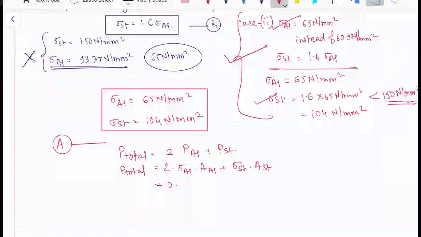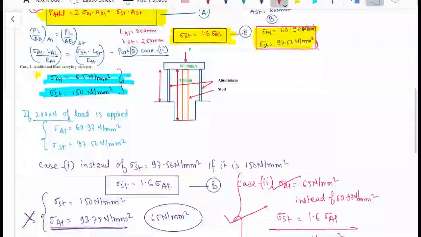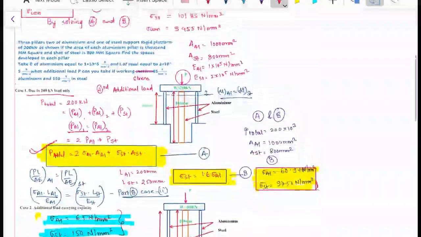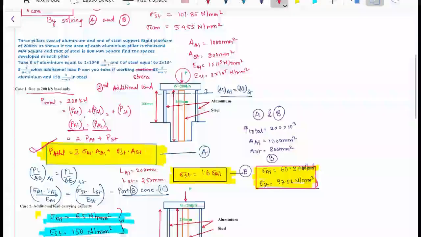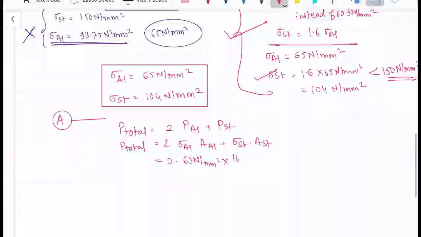So sigma aluminum we have already calculated, that is 65 Newton per mm square. The cross section area for aluminum is 1000 mm square. So it will be 1000. Sigma steel will be 104 into 800. Okay, so if we calculate this, we will get the total load which can be applied to this combination.